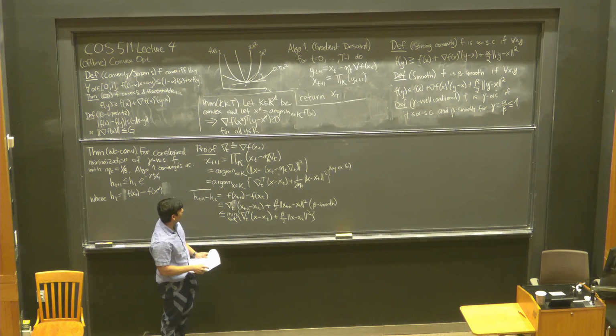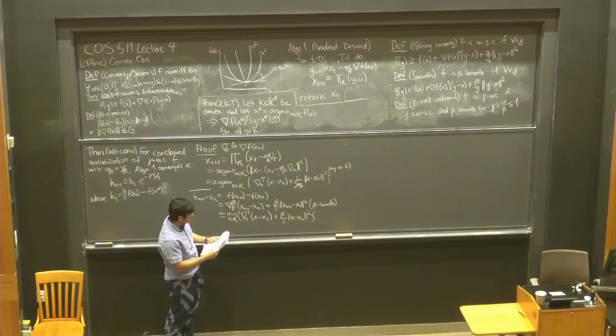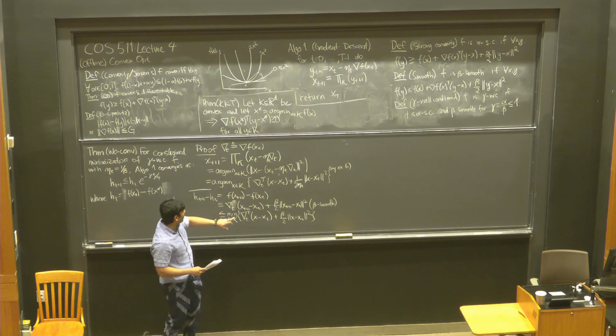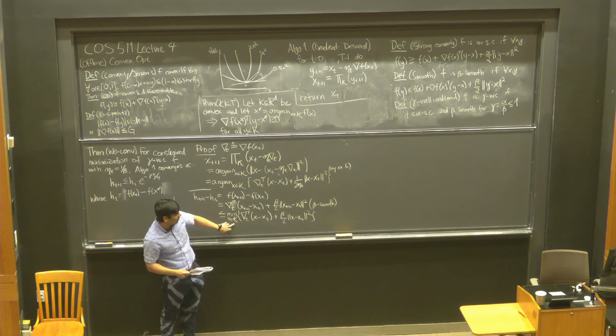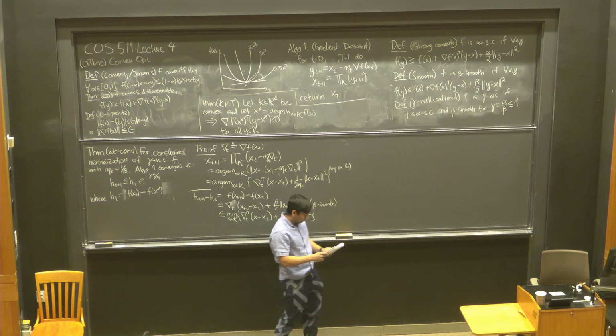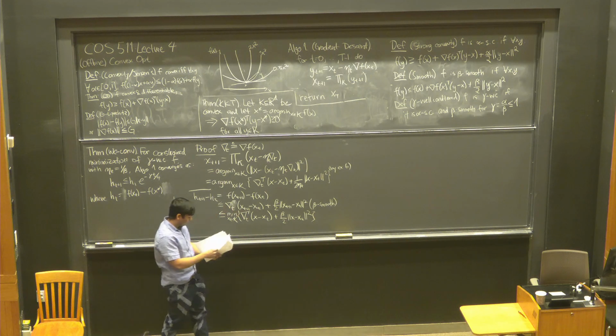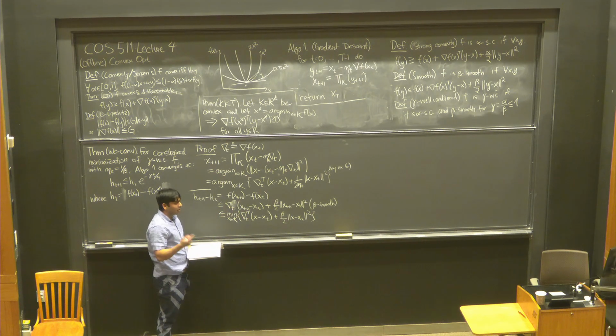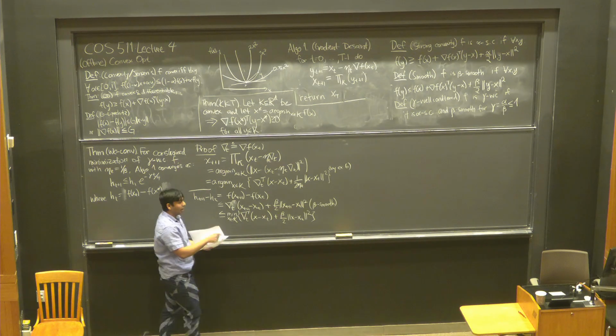because x_{t+1} is the thing that minimizes this quantity, if I plug in x_{t+1} here, it's definitely smaller than plugging in any x here. And then now we can apply the other side, the alpha well-conditionedness. The alpha well-conditionedness will put a bound on this term, right?